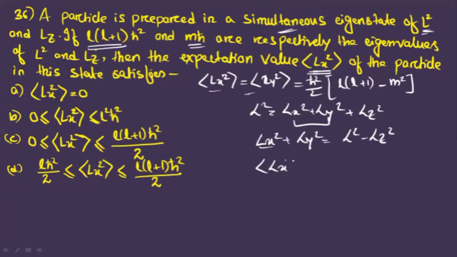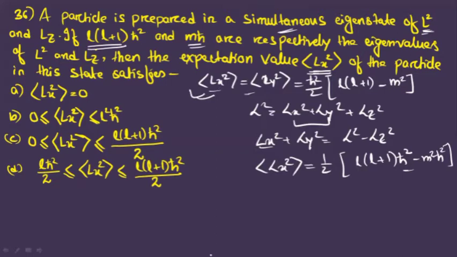So the expectation value of Lx square is 1 by 2, taking the 2 to the right-hand side. So you will have L square, which is l(l+1)ħ², minus Lz square. Lz is mħ, so Lz square will be m square ħ square. So from here I have taken ħ square common. This is how we got this equation.